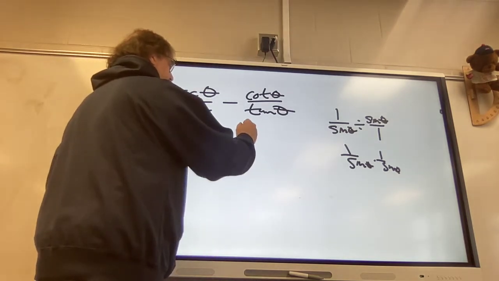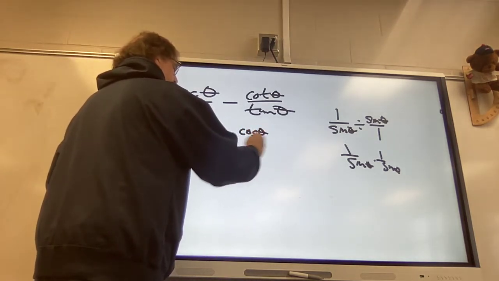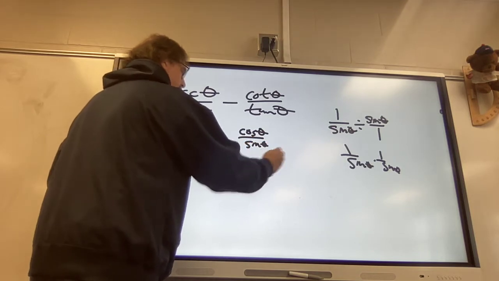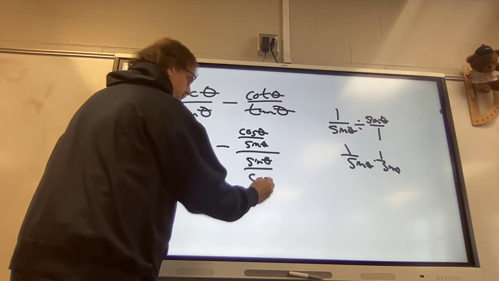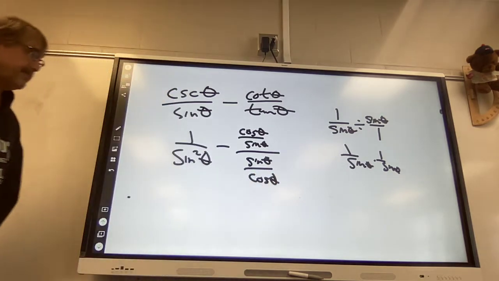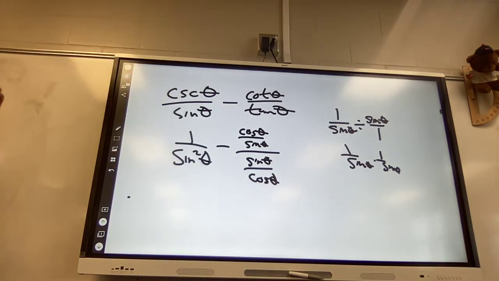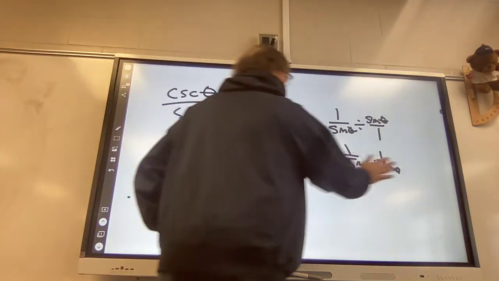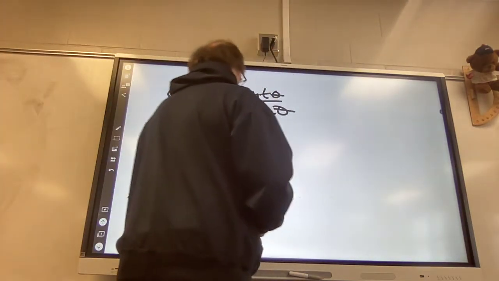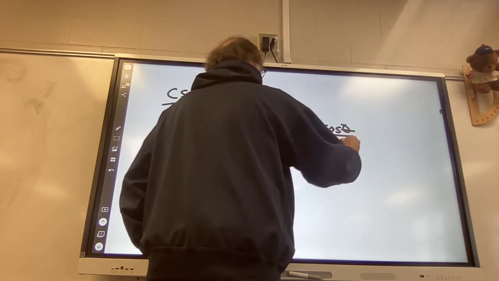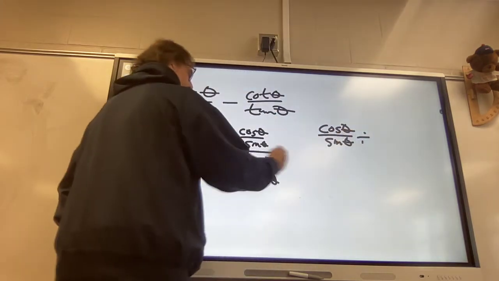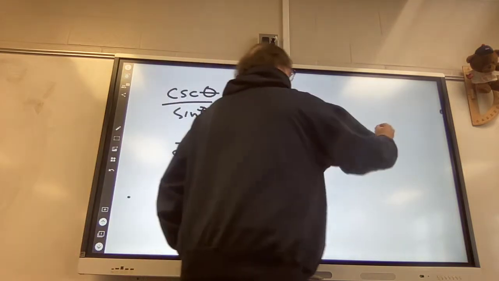Cotangent and tangent. That's cosine over sine over sine over cosine. Let's go to the side. That's the big divided by sine.